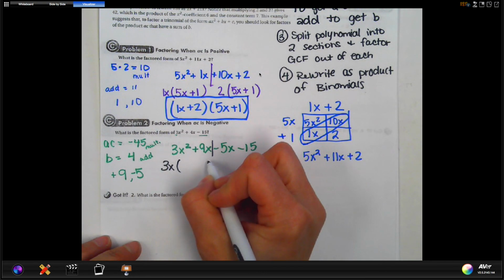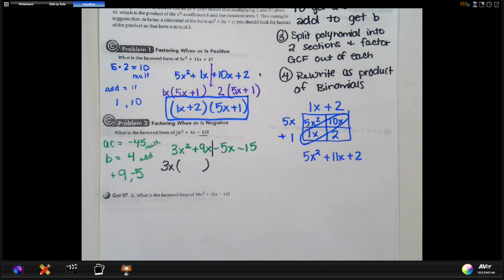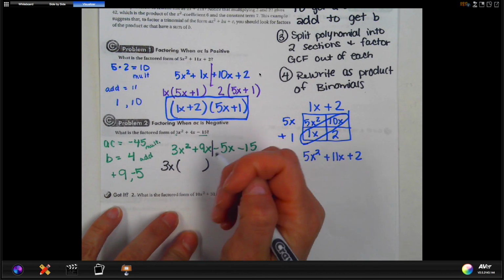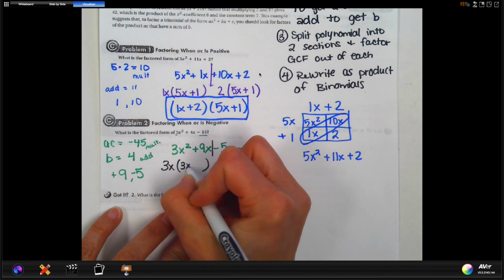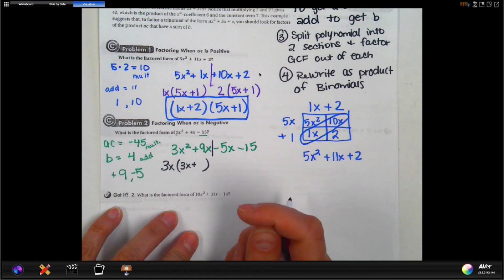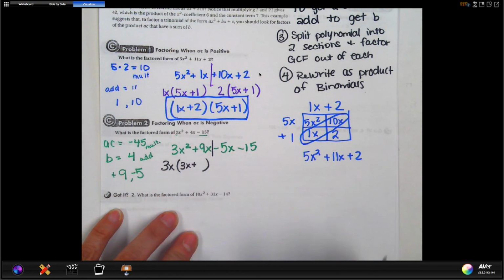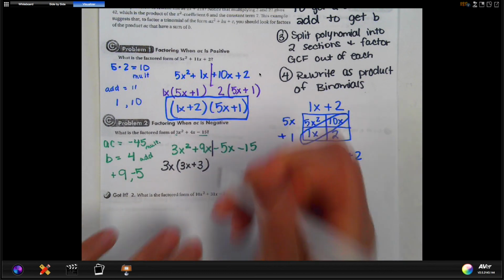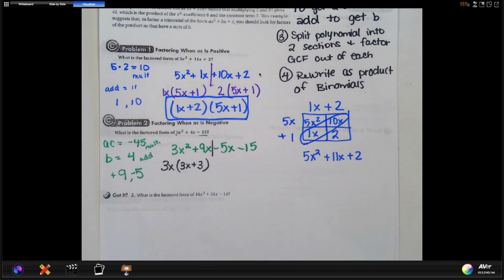So who can tell me what's left in the parentheses if I factor out a 3x? LSC, go. 3x plus 9. Not plus 9. Your 9x divided by 3 is what? Oh, never mind, 3. Plus 3. And the x comes out, okay?